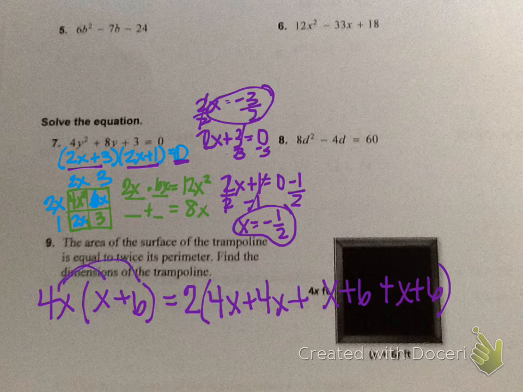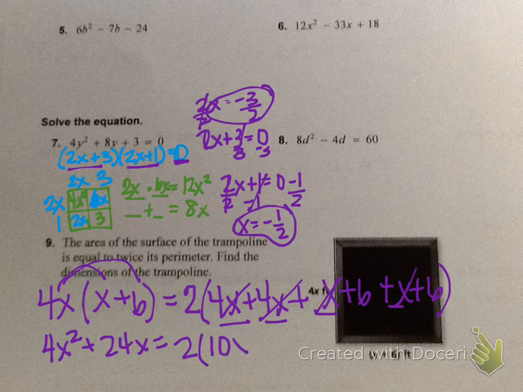So if I multiplied these, I'd get 4x squared plus 24x equals 10x plus 12, which would actually be 20x plus 24 after I multiplied by 2.